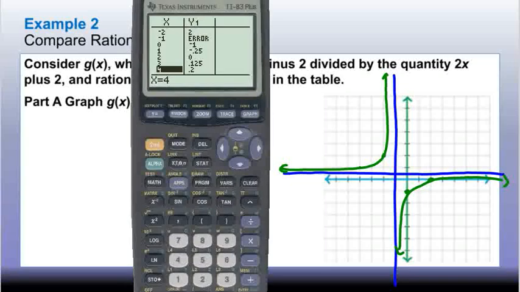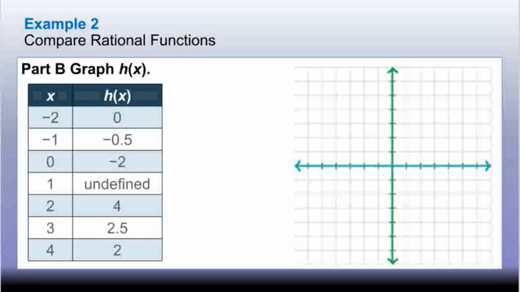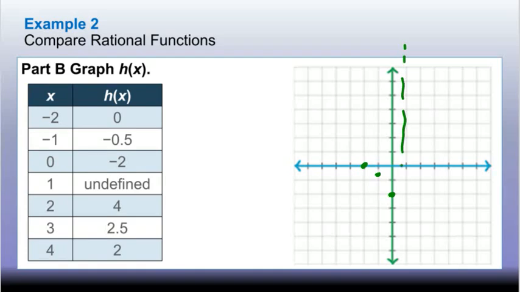Now let's do h of x. So we'll put these points down. So -2, 0, -1, -0.5. We got 0, -2. We have 1 is undefined. So that means there's a vertical asymptote here.